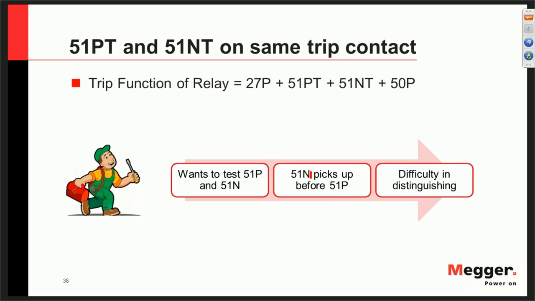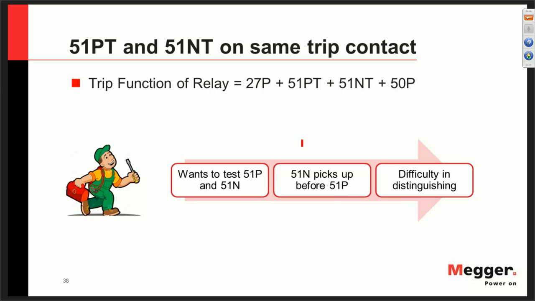The 51N element is nothing but your neutral overcurrent element, and the neutral current is very low in magnitude. So I always want my neutral overcurrent element to be sensitive for neutral faults or ground faults. In that case, I will have a low value of 51N pickup in the relay most of the time when compared to the 51P element.